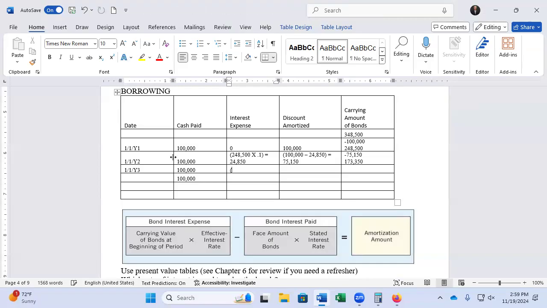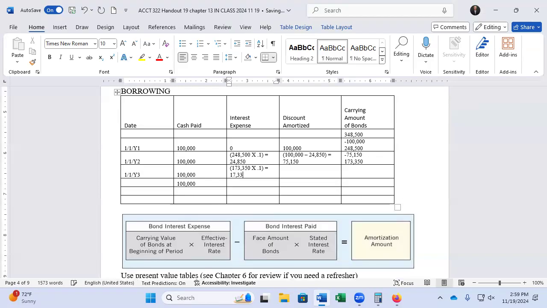Okay, so what you do here is you take the 173,350, you multiply it by 0.1, and that equals 17,335. And so we take the 100,000 payment and we subtract the 17,335.